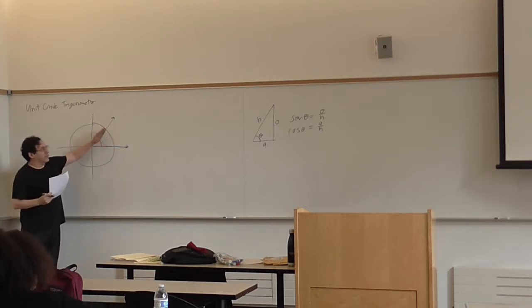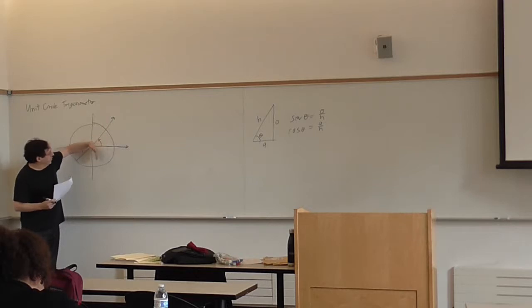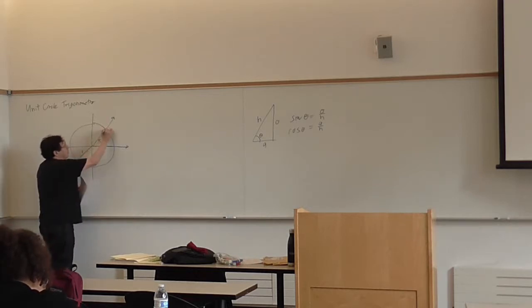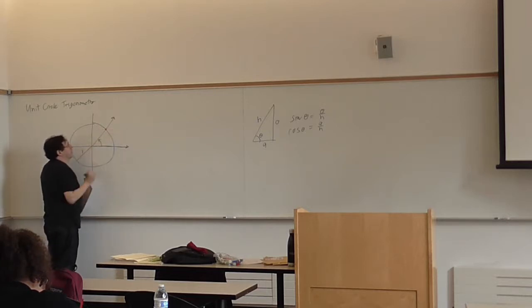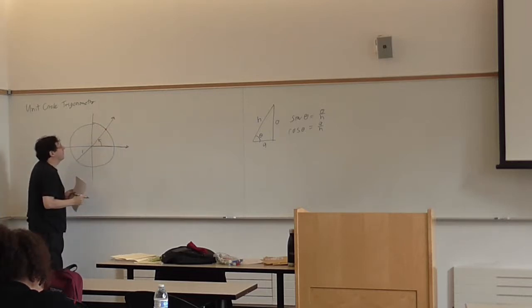We take the counterclockwise direction as positive, so we can have negative angles going in the opposite direction. And we look at the point where this ray intersects the unit circle.